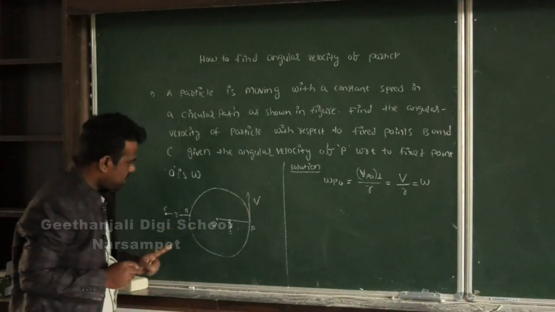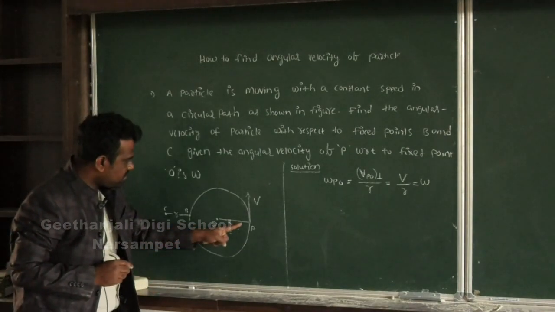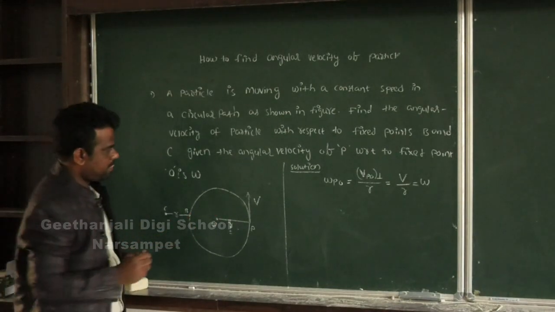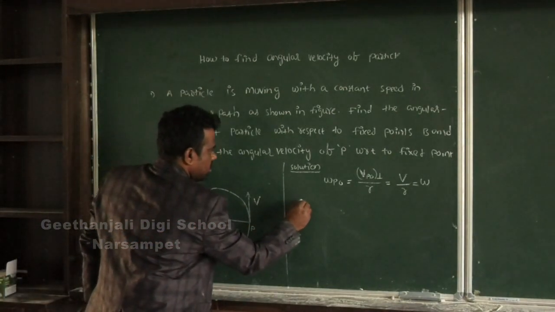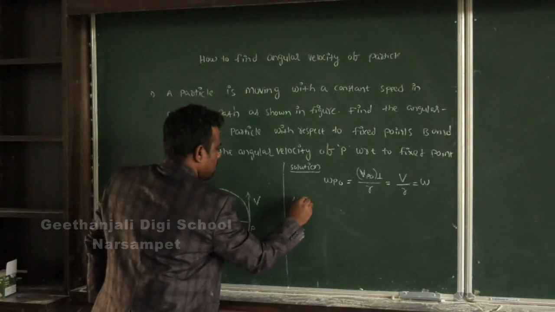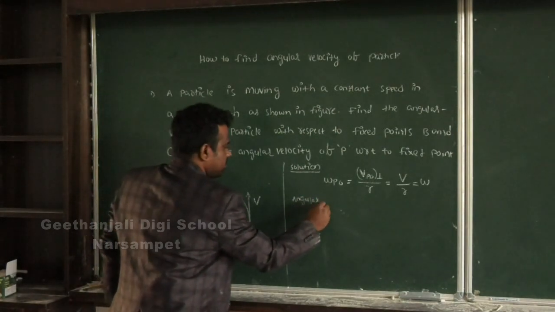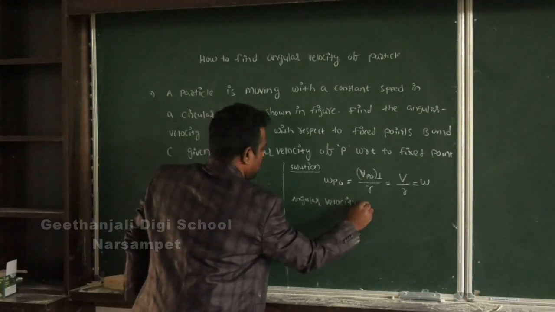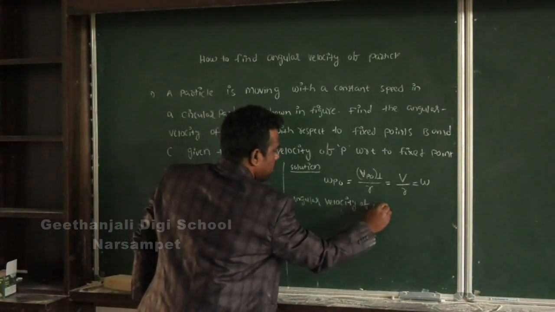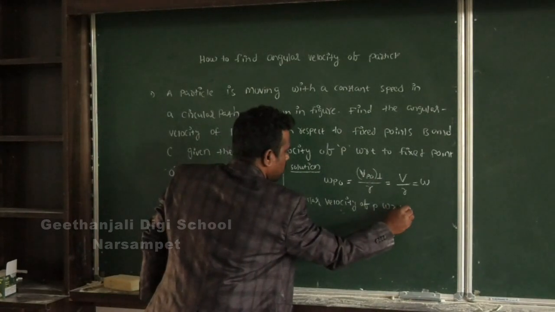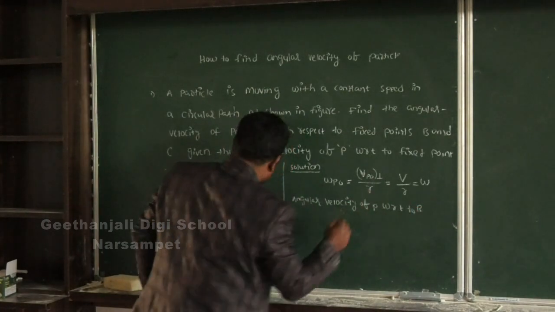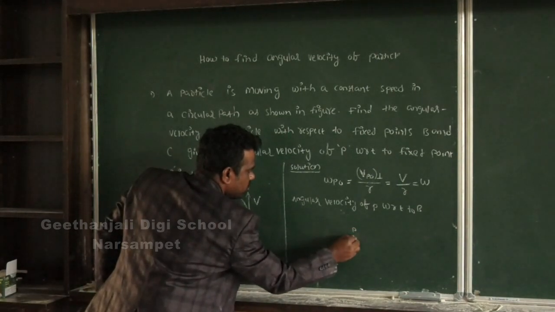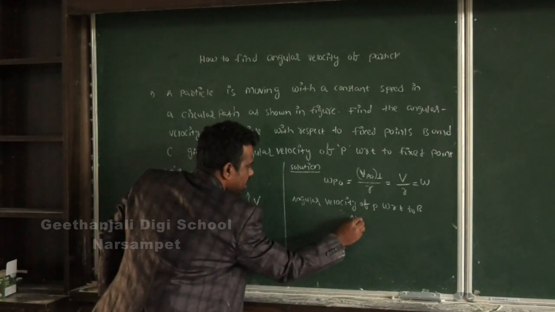Now let us find the angular velocity of P with respect to B. So listen, this is the point P which is moving with a constant speed like this.